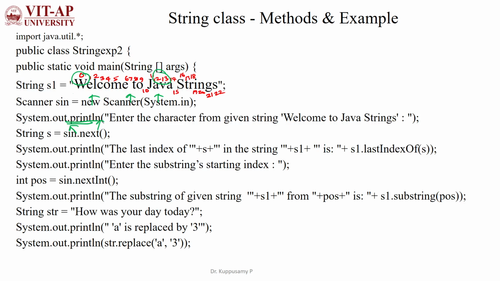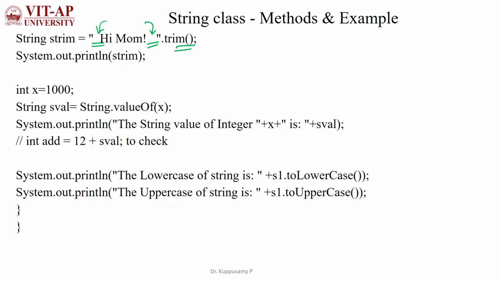And the next method we are using converts any data type into string. For that I am defining an integer value 1000. The 1000 is going to be converted into a string by using the method valueOf. When you apply valueOf, automatically this 1000 will be converted into the string 1000.